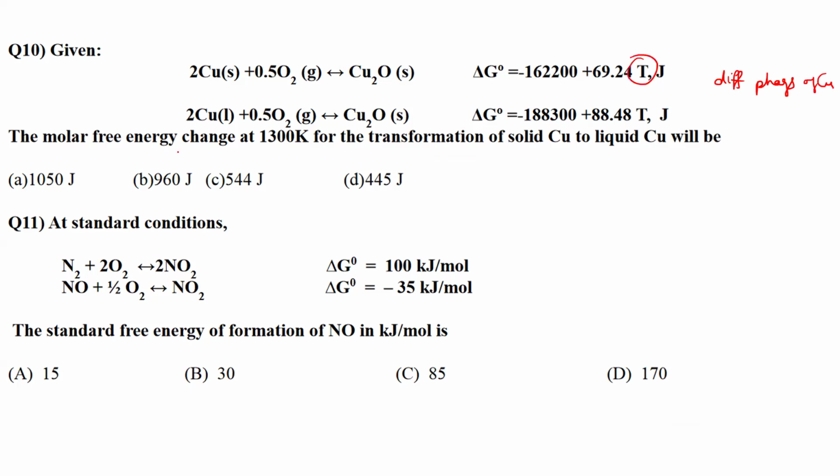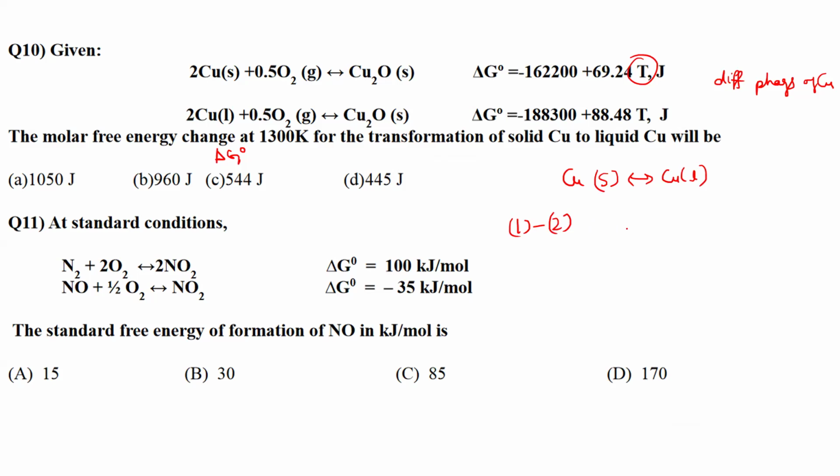The molar free energy change, delta G at 1300 Kelvin, for the transformation of solid Cu to liquid Cu will be... So if I want Cu solid to Cu liquid, how will I get this? 1 minus 2, right?